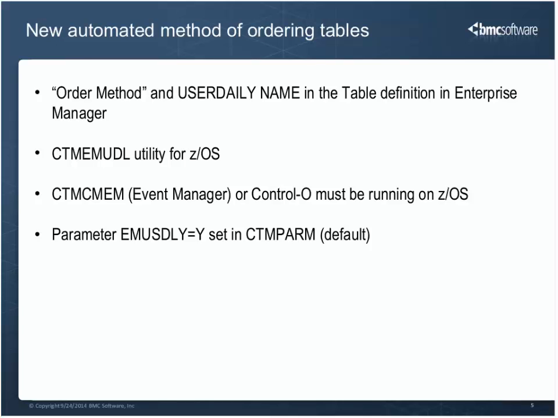This is basically used for ordering jobs, much the same as CTMDAILY does at the moment. One important thing is that CTMCMEM or Control-O must be running in this environment. And this is because details of the ordering methods in the zOS environment are actually stored in the global variable database and not in the scheduling definition itself.